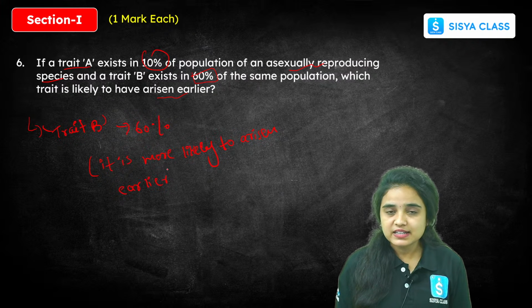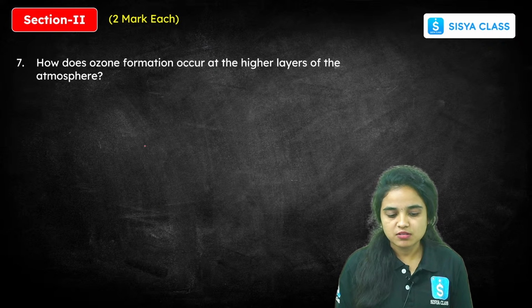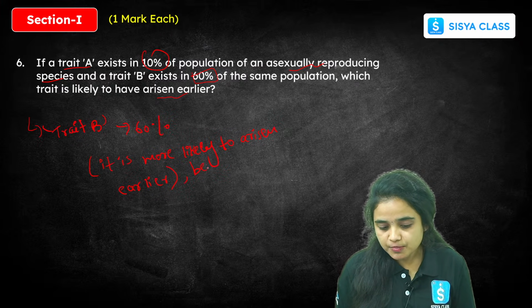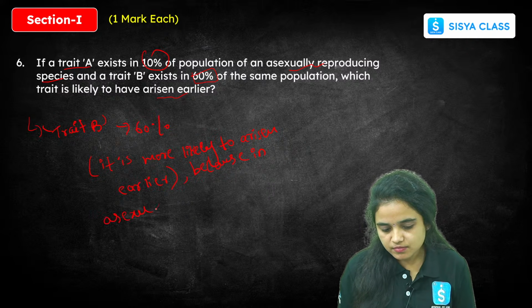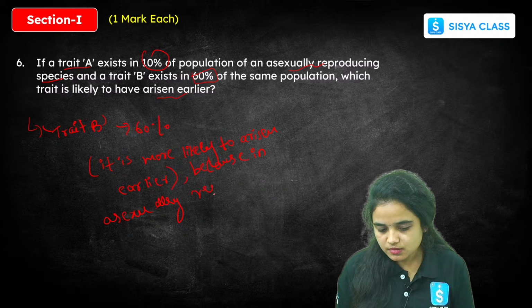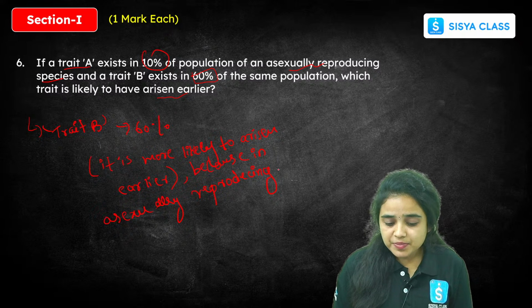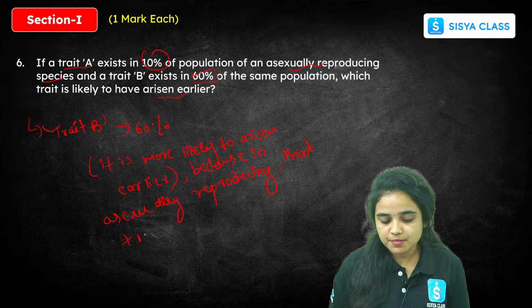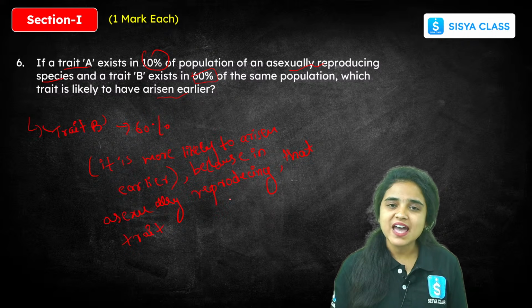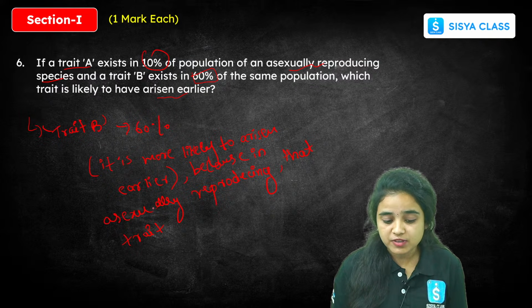Right students, let us see how. Because in asexually reproducing organisms, the traits that appear earlier will have more chances to replicate and to spread throughout the population.